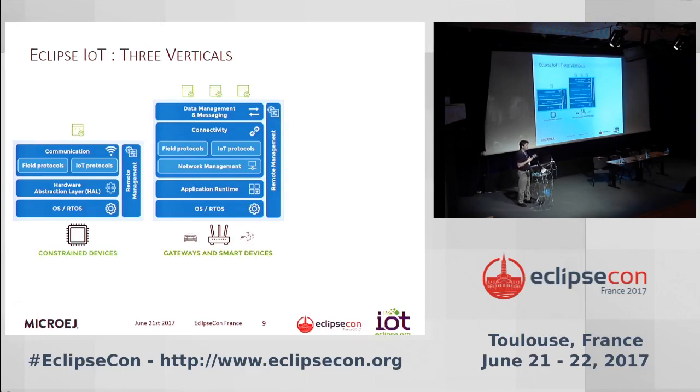And the software stack that we can run on these devices is typically made of a real-time operating system, not necessarily because of the real-time part, mostly because of the footprint part. I mean, we cannot afford Linux on these devices, and anyway, Linux wouldn't run on these devices because there is no MMU available on the microcontrollers. So it's a much more limited software stack that we can run on these devices.